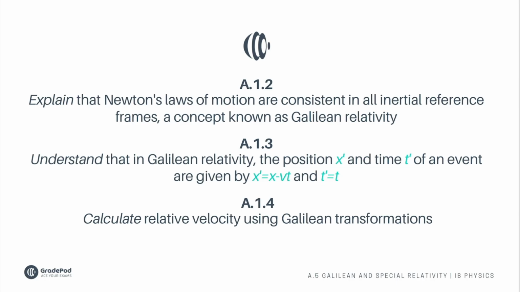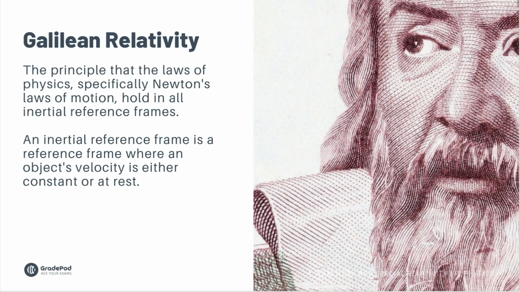We're now going to look at the concept of Galilean relativity and how we can relate one object moving in comparison to another. Galilean relativity is based on the principle that the laws of physics, and specifically Newton's laws, all can be applied in inertial frames of reference.